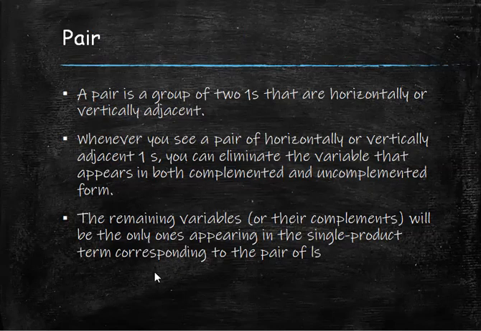The advantage of forming a pair is it must reduce a literal from the product term. We know that when we use a 4 variable map, for each one there must be 4 literals.